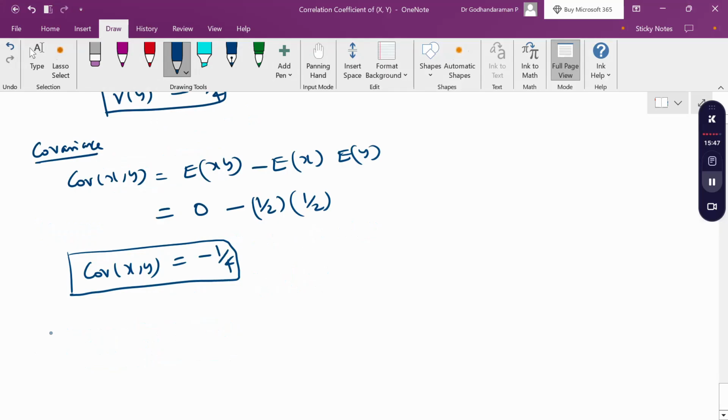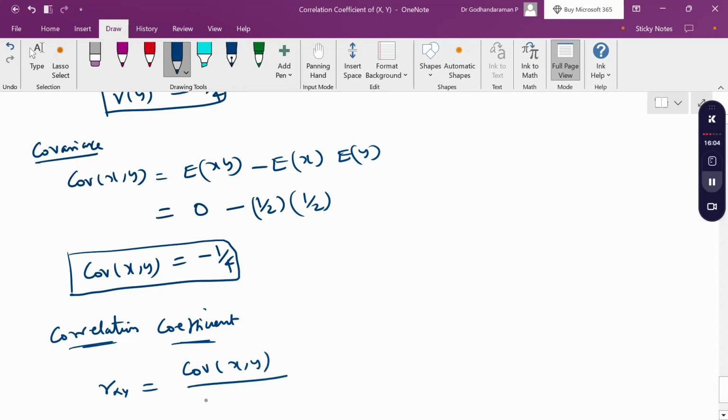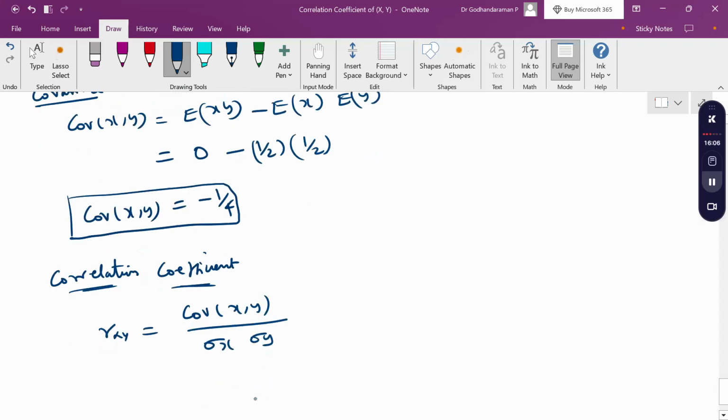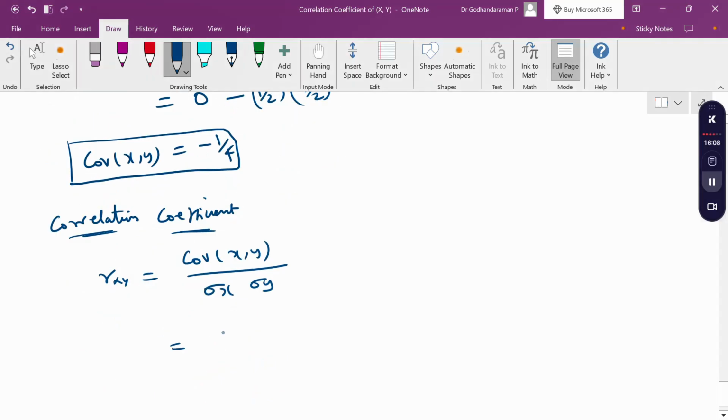Now the correlation coefficient. The correlation coefficient is r of x comma y, or r x y, whatever. So covariance of x comma y divided by sigma x sigma y. The covariance of x comma y is minus 1 by 4, sigma x is root of 3 by 4 and sigma y is root of 1 by 4.